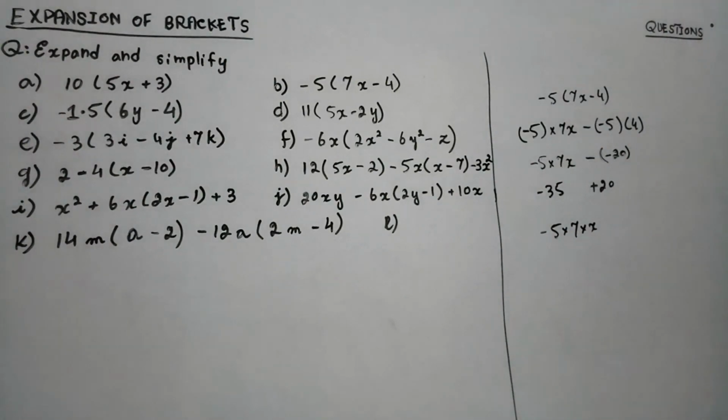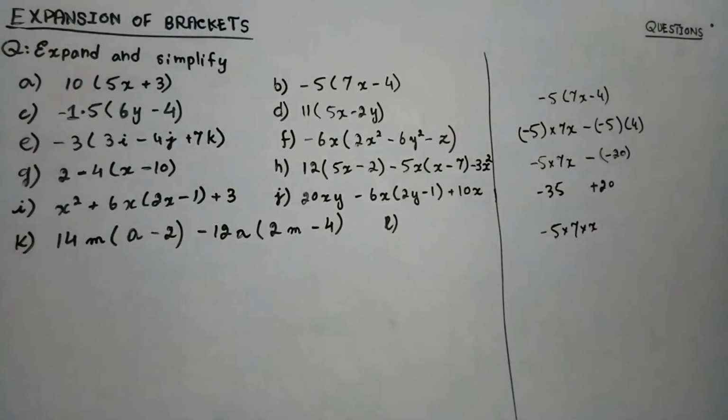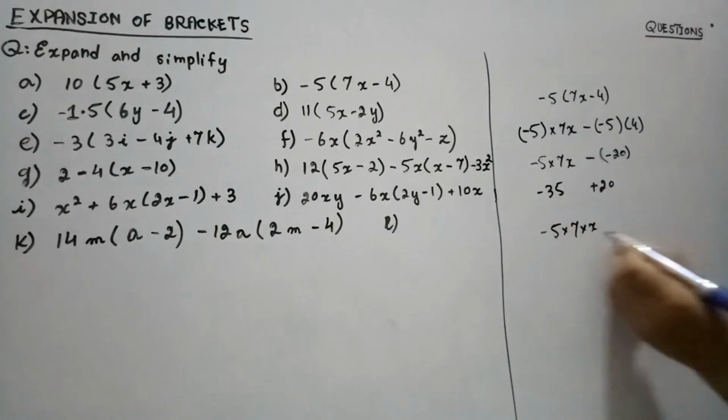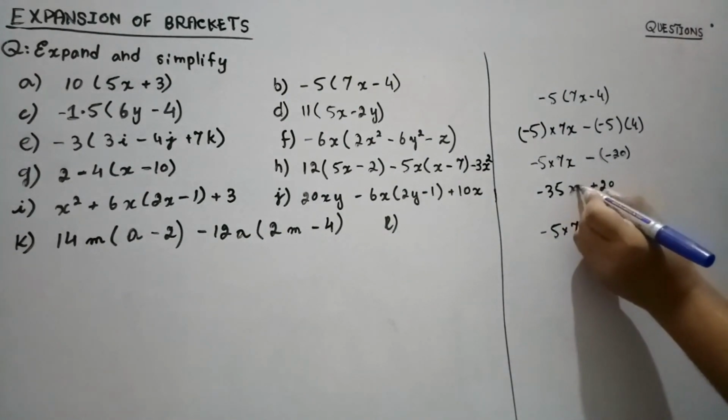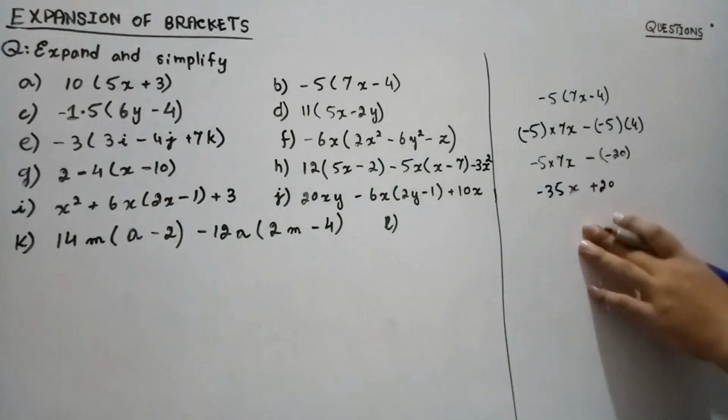We can say opposite signs in multiplication or division will give minus, and same signs in multiplication will give plus. So negative 35, and here we have x. Clear? So our answer of this one is negative 35x plus 20. Okay, clear?